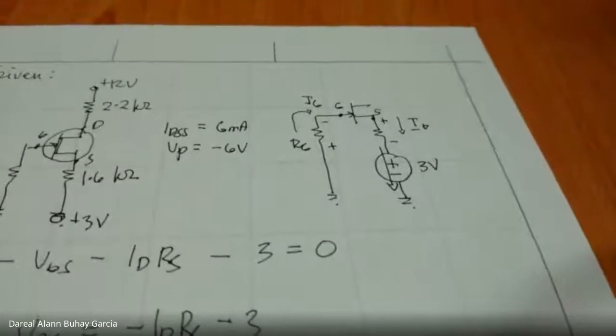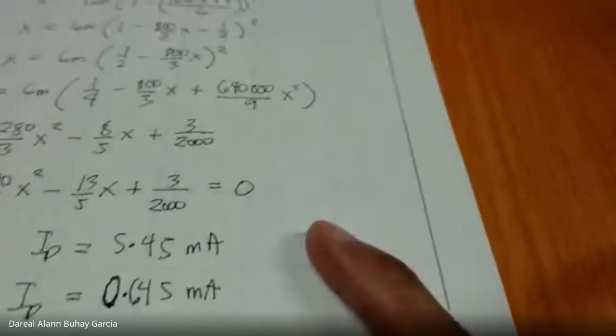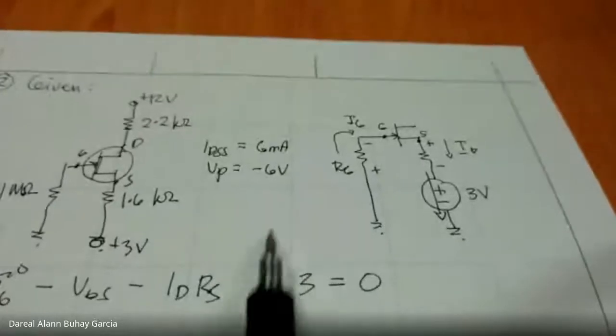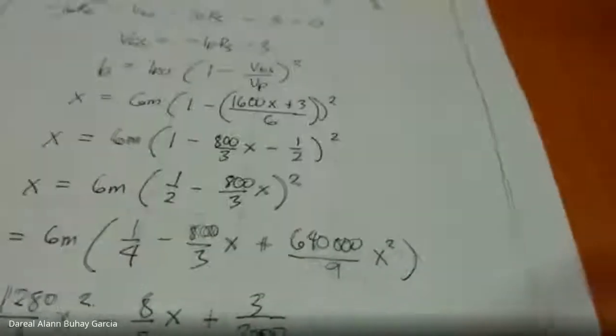So, both sila, mas ubos sa IDSS nga 6 milli. Pero, hopefully, walay bulampas ani og negative 6 nga VGS. Okay, negative 6 man natong maximum nga VP. So, try na to.